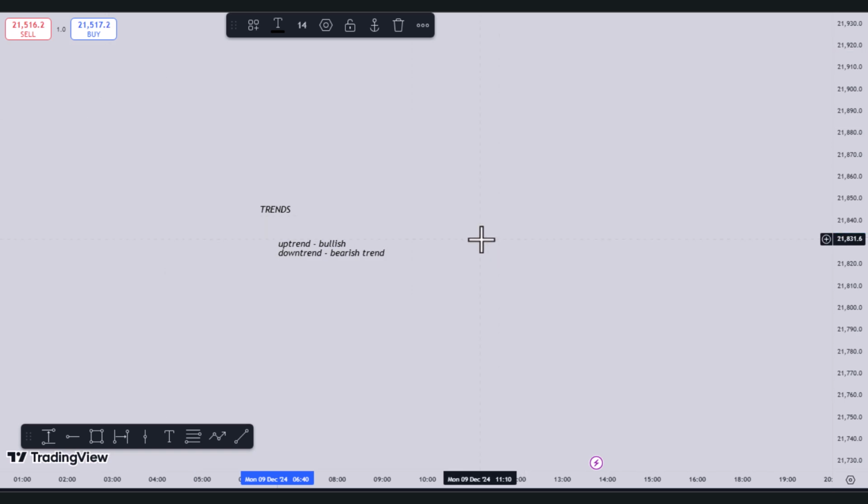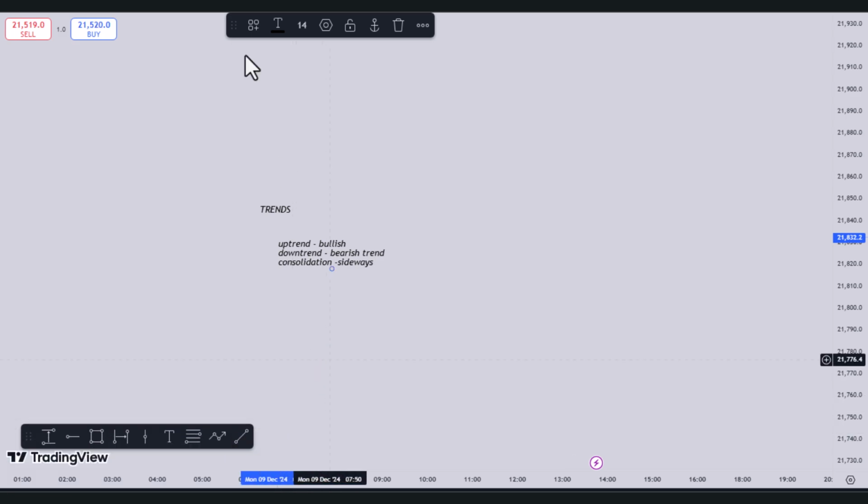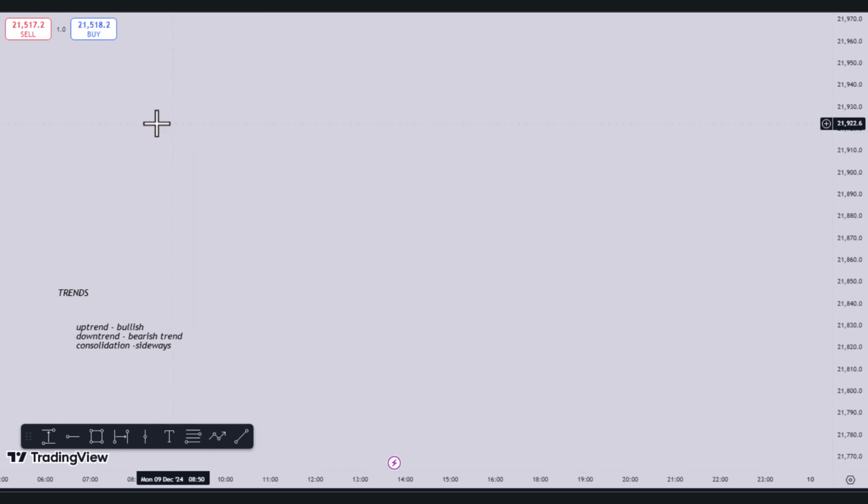Then in between that we normally have the consolidation, what people normally refer to as sideways. So these are our trends: uptrend, downtrend, and consolidation or sideways. So let us start with the uptrend.